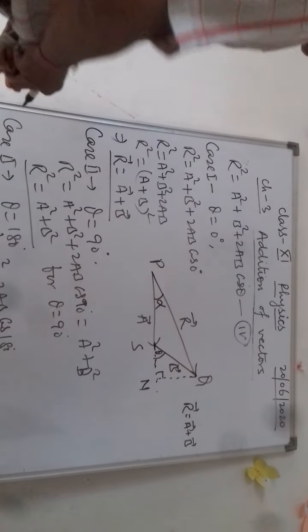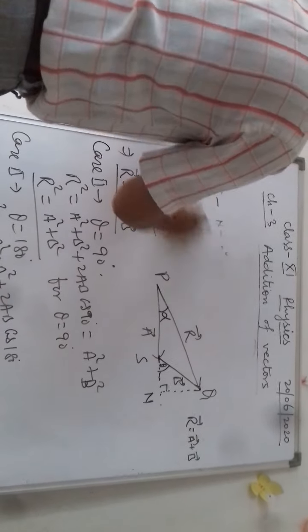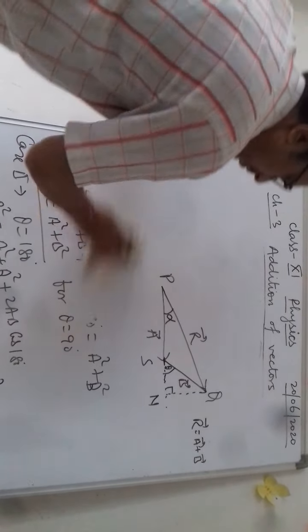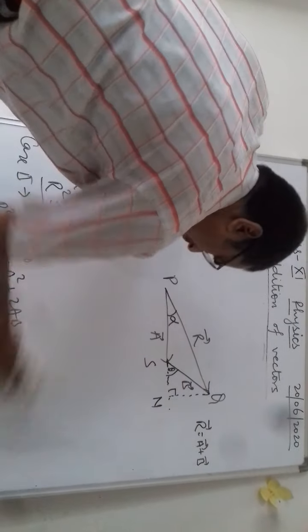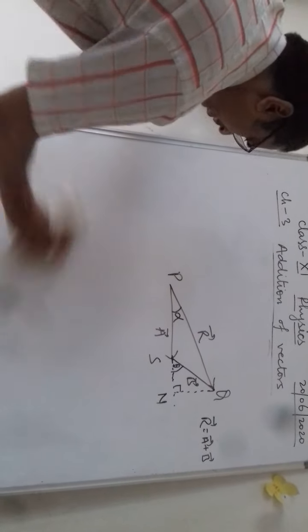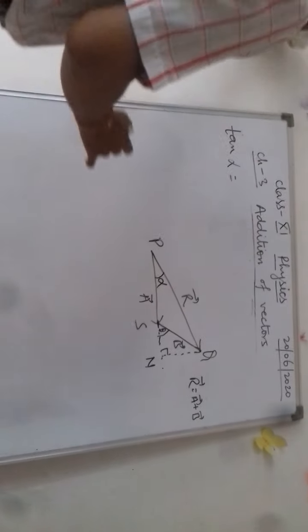For this we have to take direction as tan alpha. As we know, when we find the direction of any vector quantity, then we can take tan alpha is equal to how much?